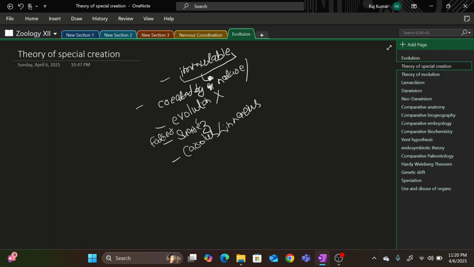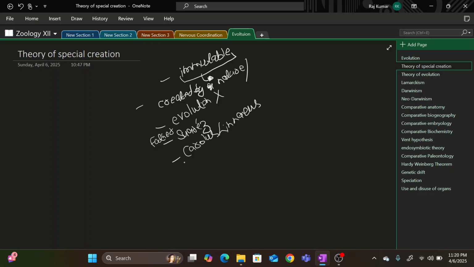Then, all right. So this is Carolus Linnaeus, Father Suarez, and alongside that, a lot of religions also take this theory into account as well.